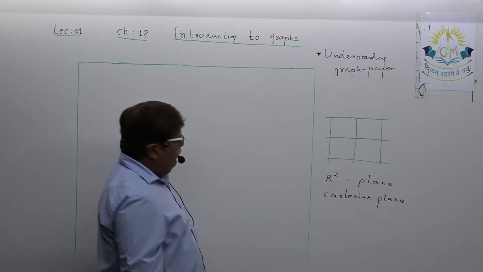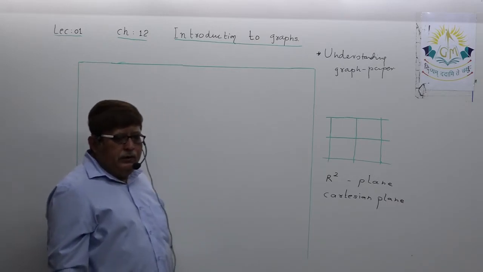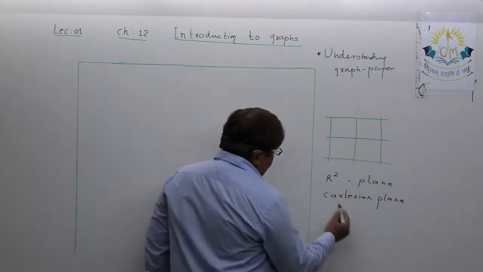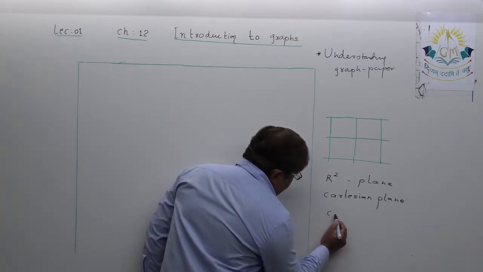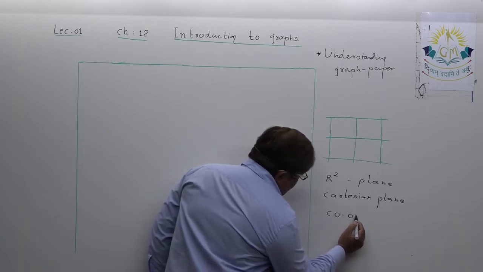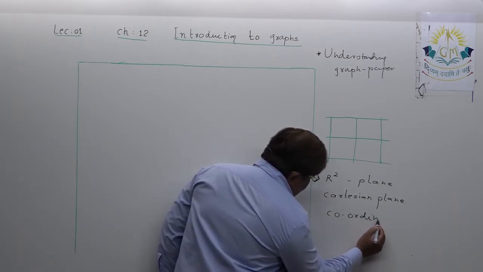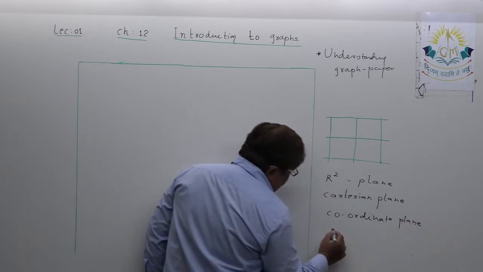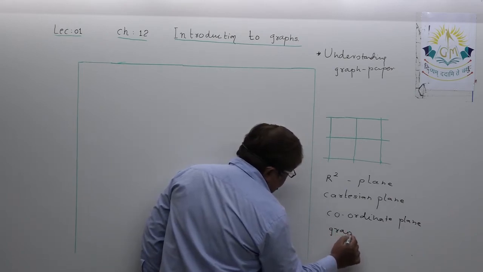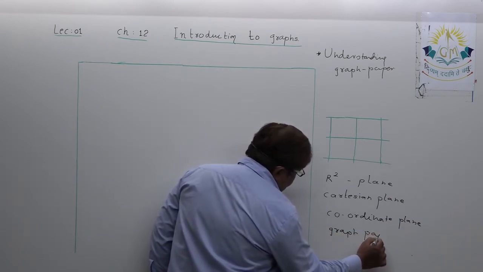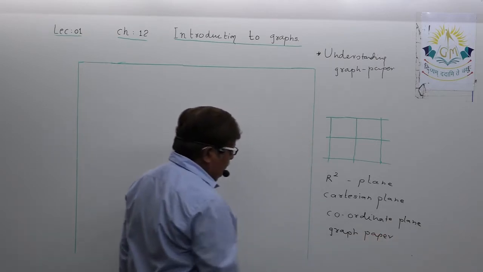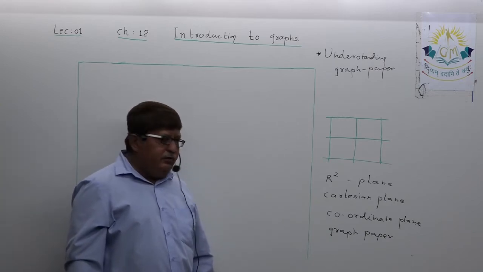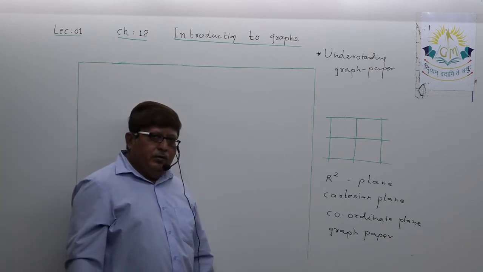And the same graph paper on which you are going to work is also known as coordinate plane. Okay, there are these three words. Graph paper is already the common language you use. Understand, either you call it graph paper, R2 plane, Cartesian plane, coordinate plane, all are the same.